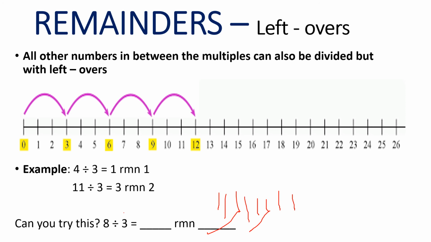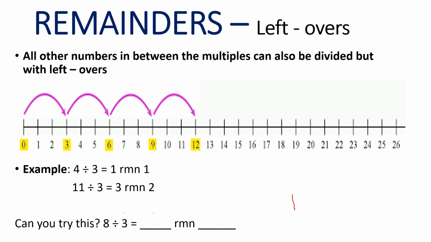This is not going to be up to 3 again. Okay, so we have only 2 groups, so we're going to have 2 here. And how many leftovers? 2. So 2 remainder 2 is the answer. Okay, who got that right? All right, good job. Now let's clean this off.